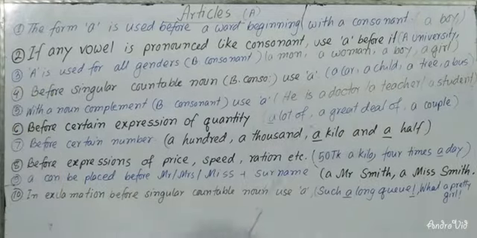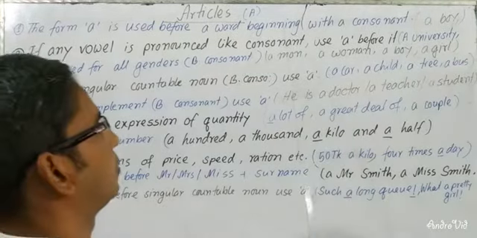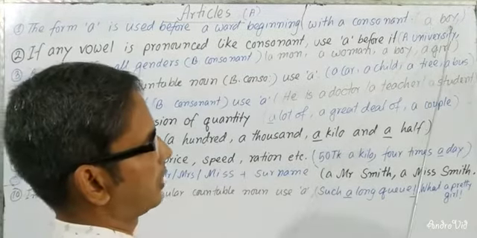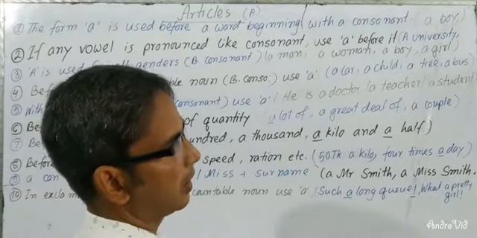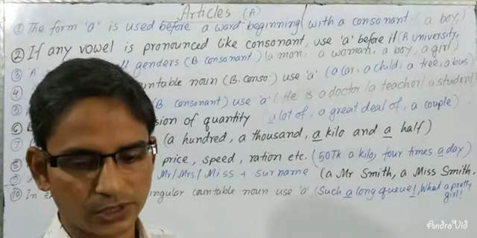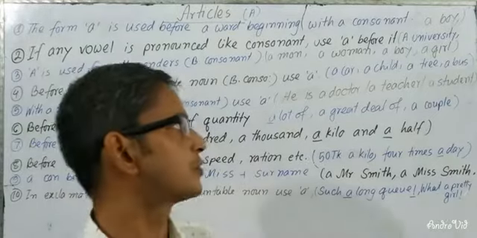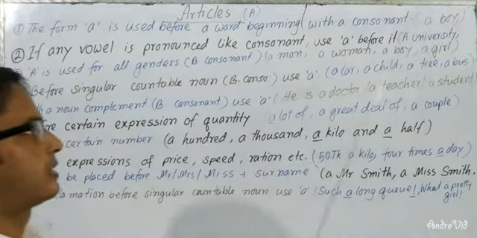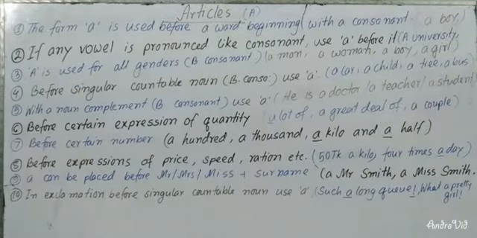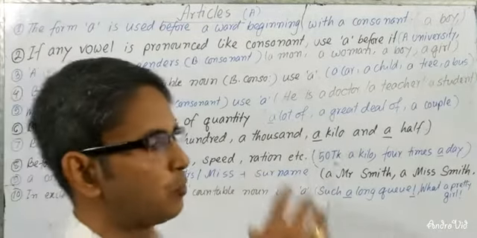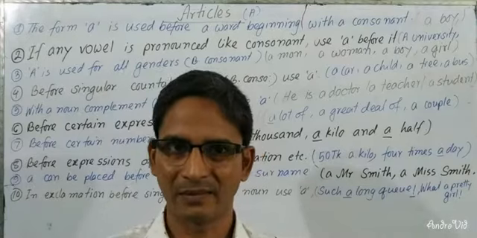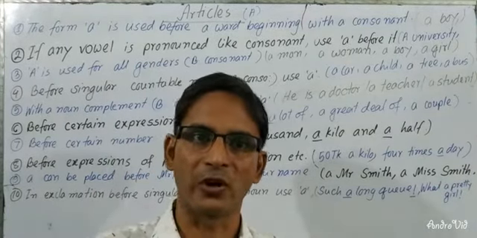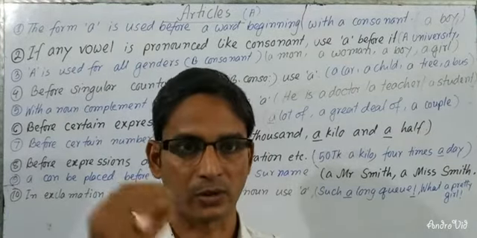For example, a boy, a girl, a cow. Before these you will have to use article a. And you should always bear in mind, if you want to use article a or an, this noun should always be a countable noun.